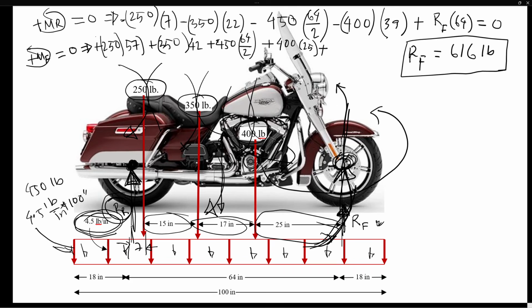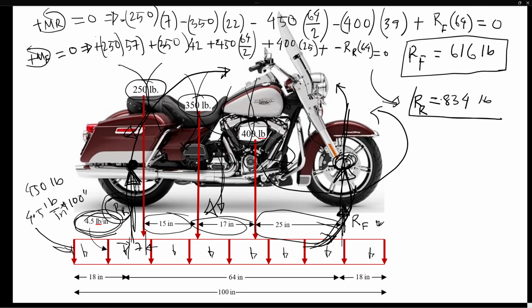Now the rear wheel reaction will try to rotate clockwise with respect to the front wheel, so that will be a negative moment for the rear wheel reaction force, times that 64 inches away from the front wheel, and everything sums to 0. I calculated the rear wheel reaction force, or load carried by the rear wheel, is 834 pounds.